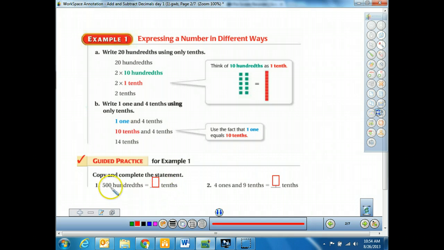All right, when we come back, 500 hundredths is equal to, I hope you came up with 50 tenths. When we have 500 of these, 10 of them equals 1 of these. So for every 10, we get 1 of these, which means we have 50 tenths. Again, over here, 4 ones and 9 tenths. So we have 4 of the whole big blocks. The whole big square like this that had all of the little tiny squares in it.